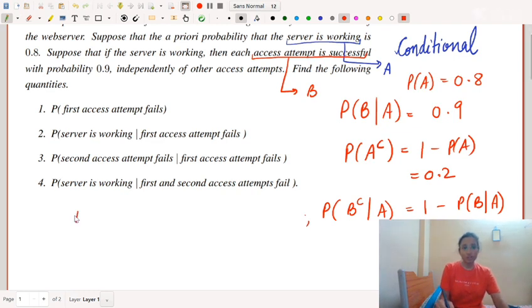Now we also know that if the server is not working, then an attempt will definitely fail. So probability that attempt fails given server is not working is 1. Now we want this first one. Let it be F1.